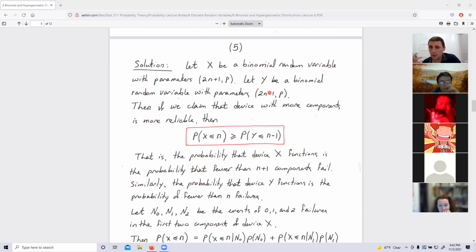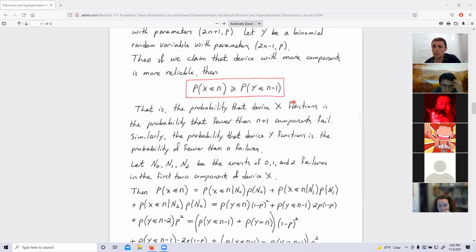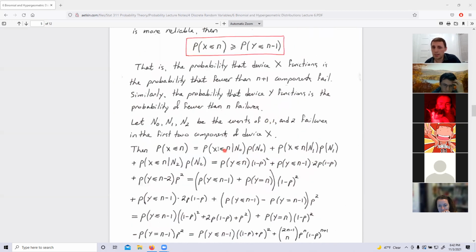Do you agree? Because if I have n successes in the next remaining trials, more than half of the components fail, right? So this means we have less than n failures in the remaining 2n minus 1 components, right?